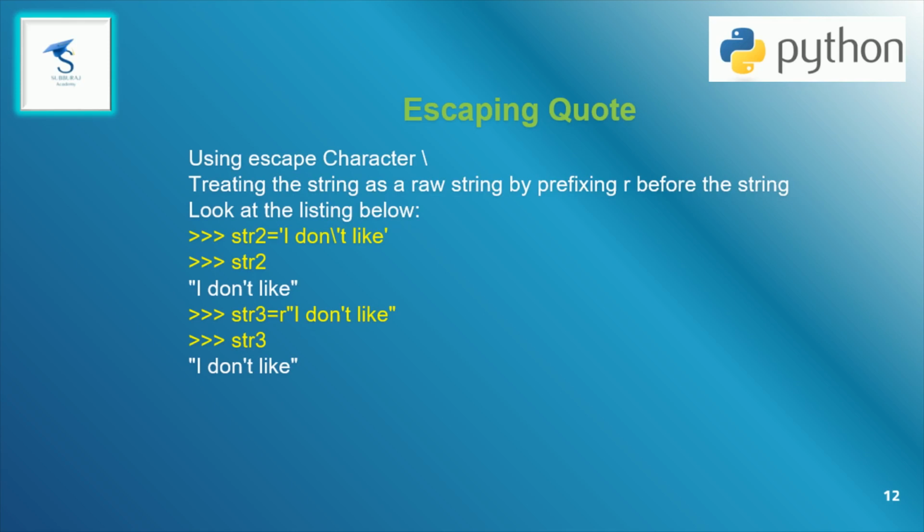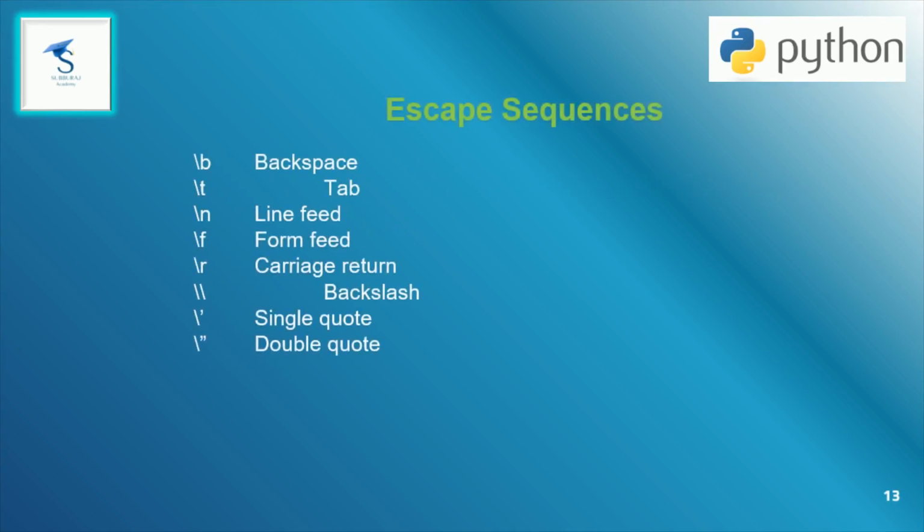The str2 uses an escape character. The str3 is treated as a raw string by adding the character r before it. Both methods work fine. The character escape sequences and their purpose are given in the slide. We will use them in print functions. We already used \n, the newline character, and \t, the tab character.